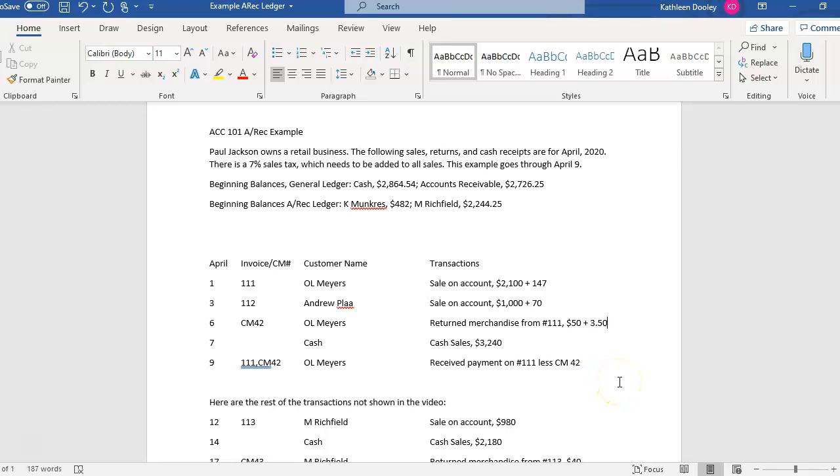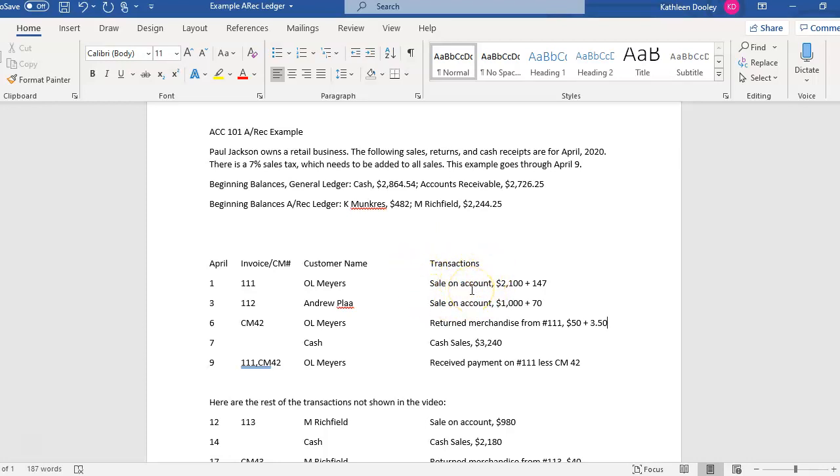Okay, so we have to give back to O.L. Myers $53.50. Okay, that's what we're going to credit to his account. This was originally a sales invoice on account, so we're going to credit his account. We're not giving him a cash refund; he bought on account in the first place.